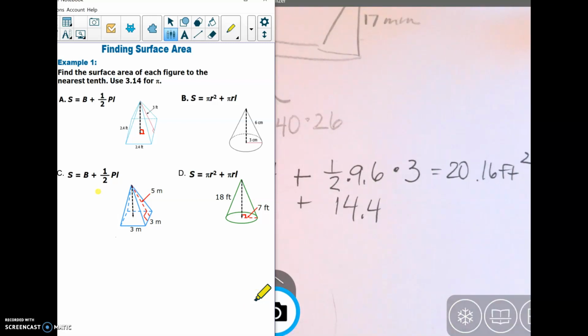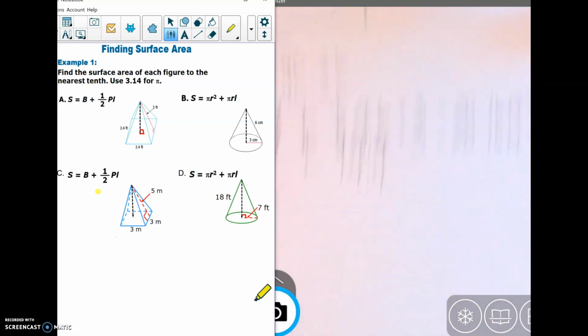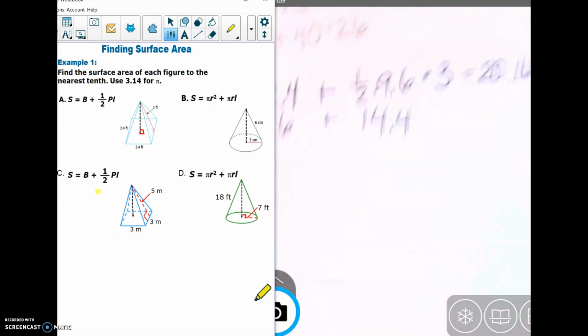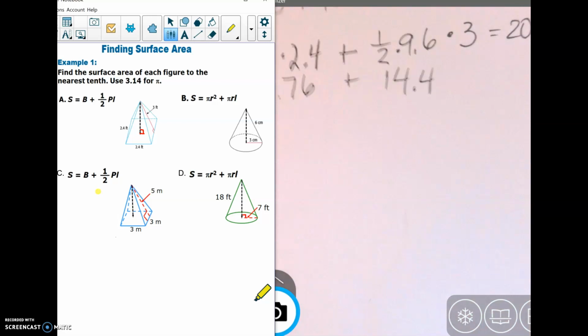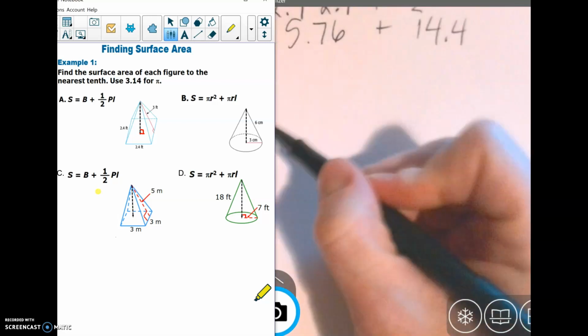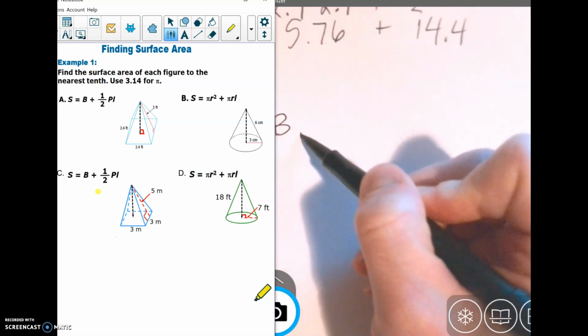Okay. Now I'm going to do the cone, and then you guys can try the other shapes. So we'll do the cone, which is example B, because we've got a cone.